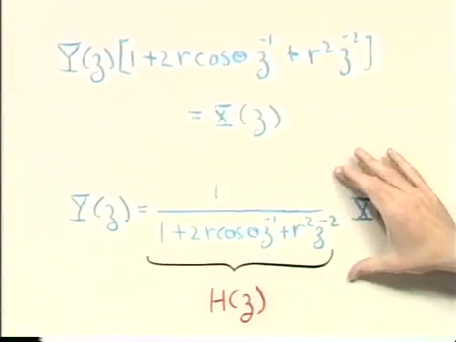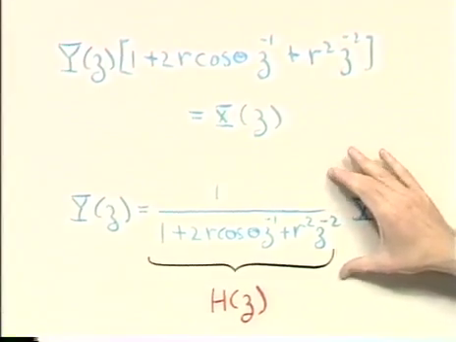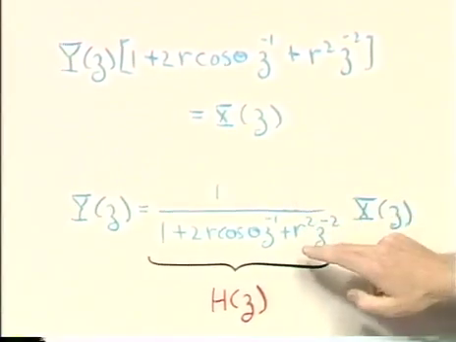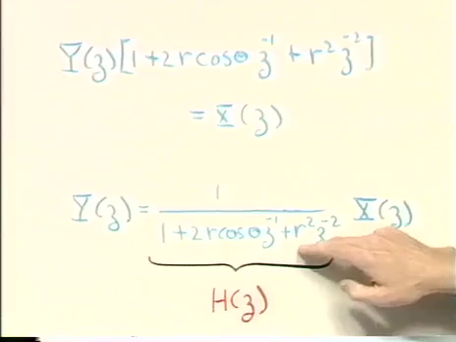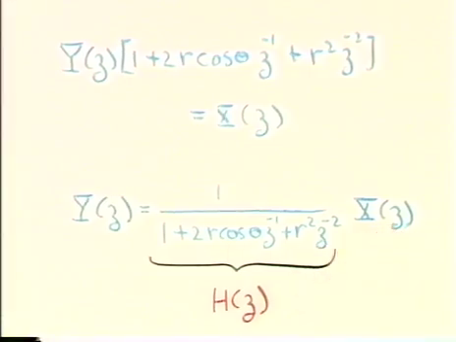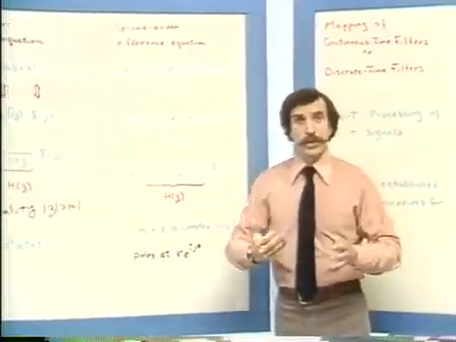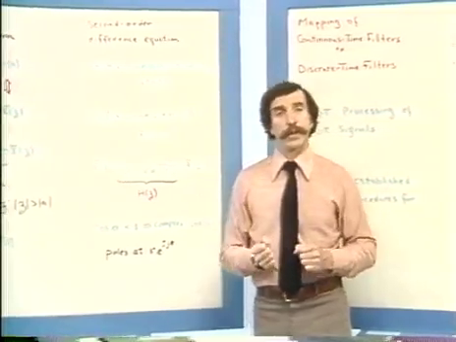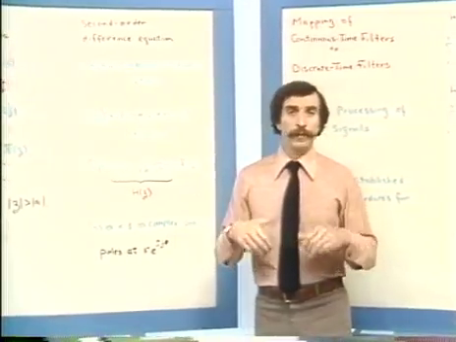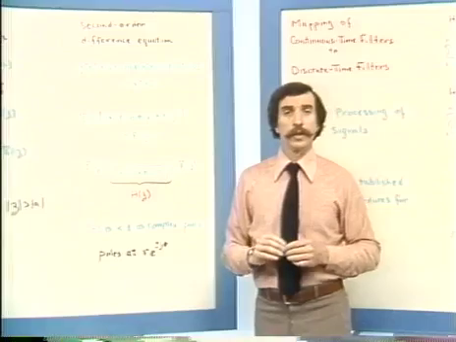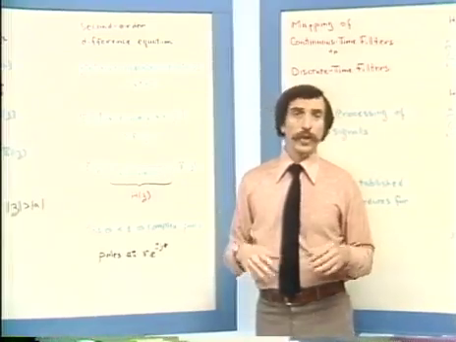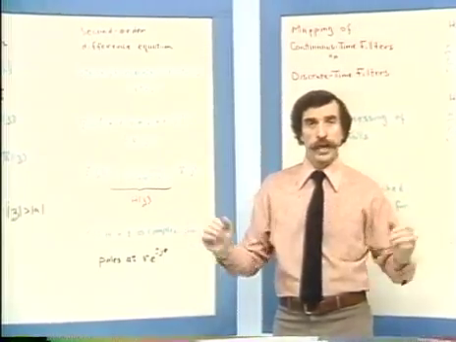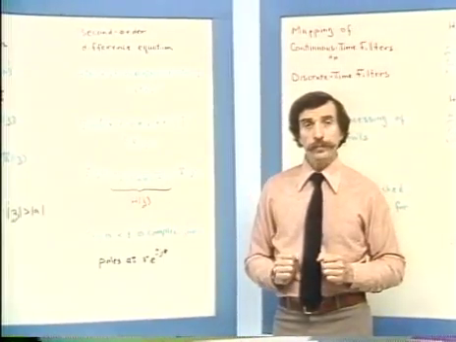This is now a second order system function, and it has 2 zeros at the origin and 2 poles. Again, there's the question of what we assume about the region of convergence. I haven't specified that yet, but if we assume that the system is causal, which I will tend to do, then the region of convergence is outside the outermost pole.